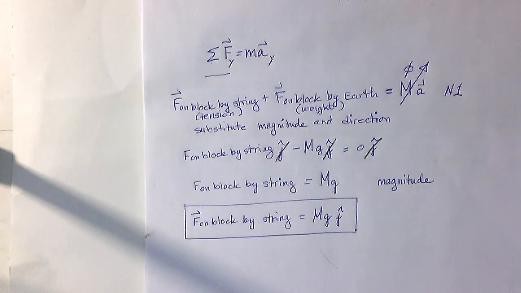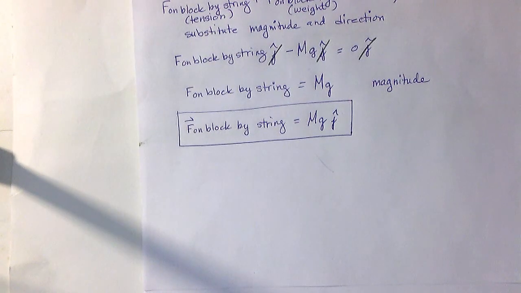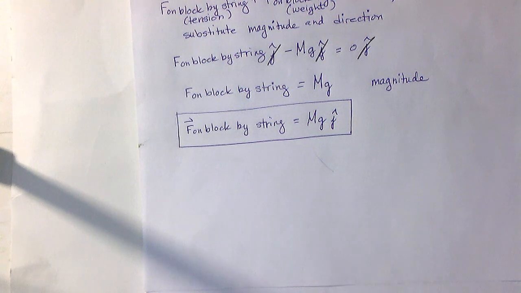Now, how does this change if the block is lifted at a constant velocity? Okay, so let's go ahead and draw our motion diagram.